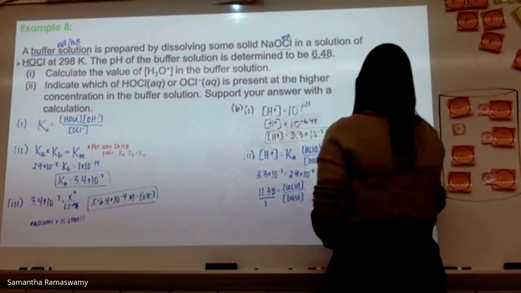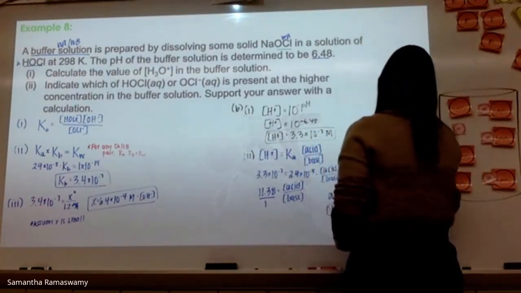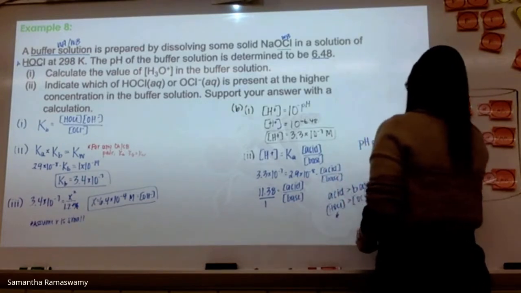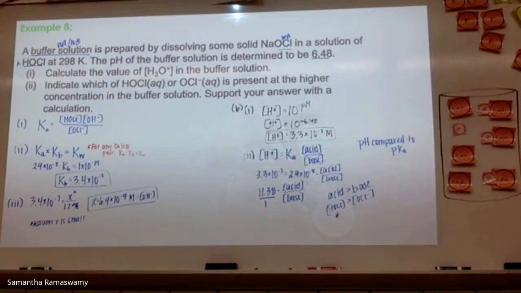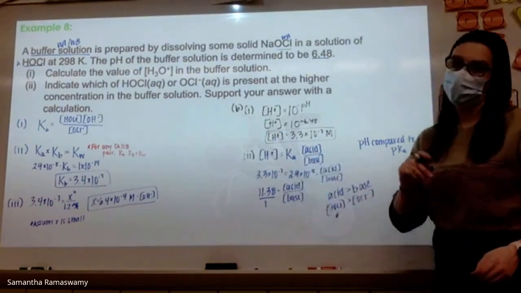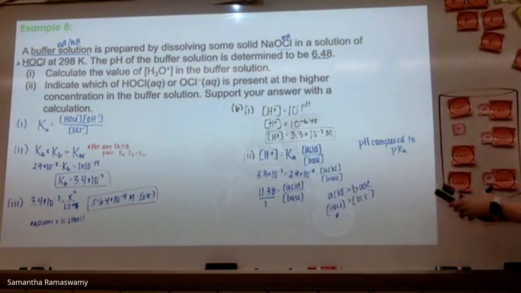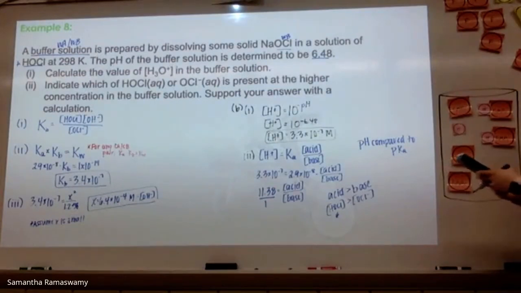I wouldn't see why not. Because if you take the pKa of this, negative log of 2.9 e negative 8, the pKa is 7.54.